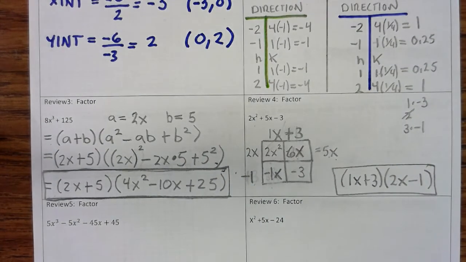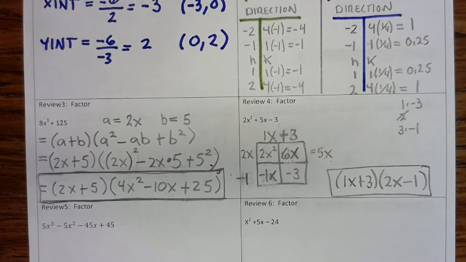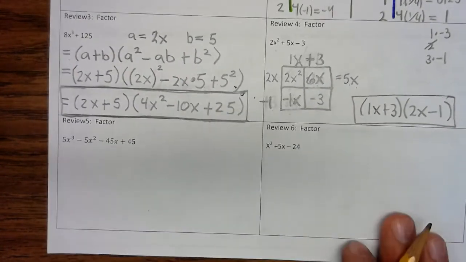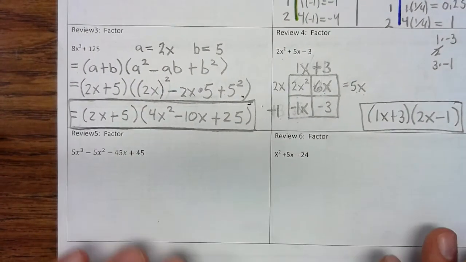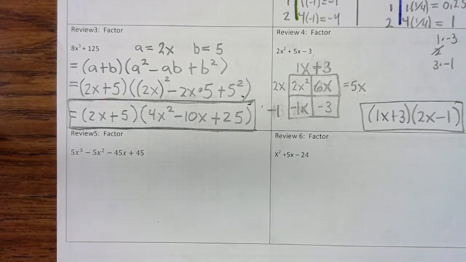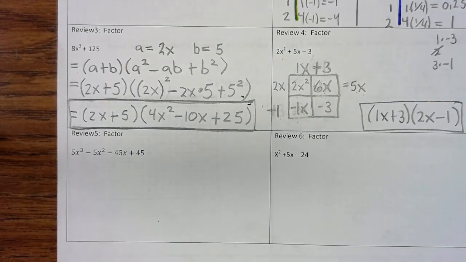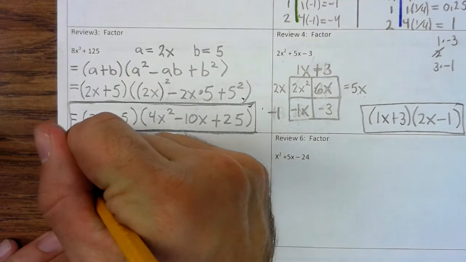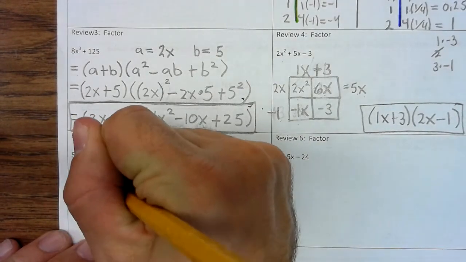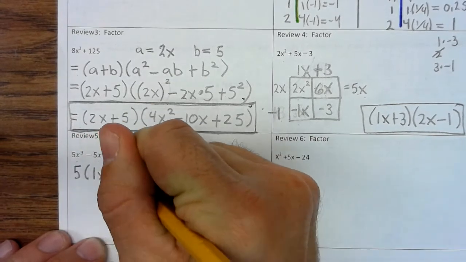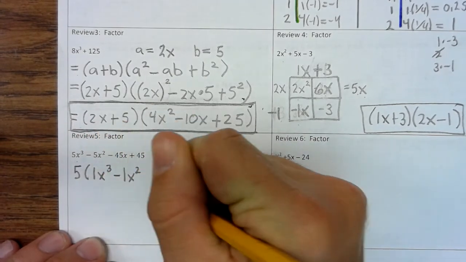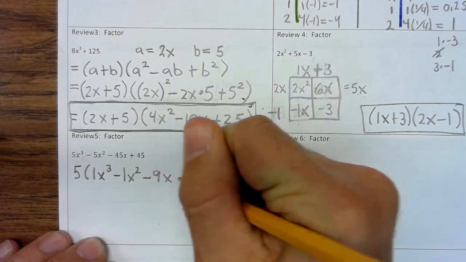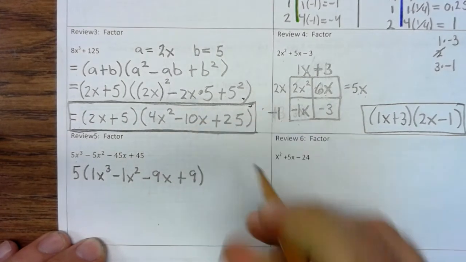All right, so let's look at review number 5. All right, now when there's 4 terms, you're more than likely looking at factor by grouping. Now, in factor by grouping, you factor out the greatest common factor. In this case, it is 5. Okay, so if you factor out a 5, we're left with 1x cubed minus 1x squared minus 9x plus 9.